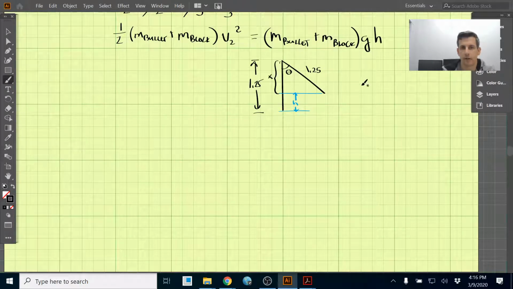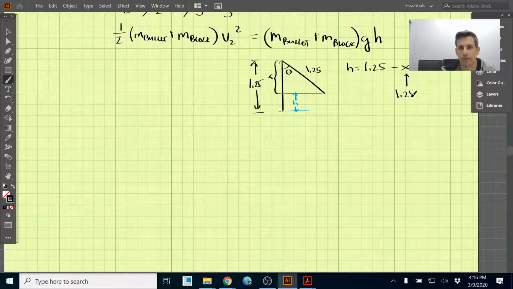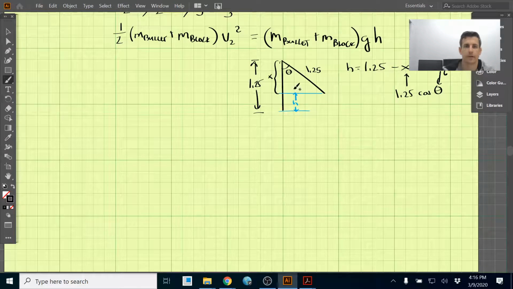X. Because we know h is going to be equal to 1.25 minus this distance x, right? So 1.25 minus x should equal h. Well, x is nothing more than 1.25 cosine of theta, and that should be the projection of that. So this is 1.25 cosine of theta there, okay? And theta is 6 degrees.